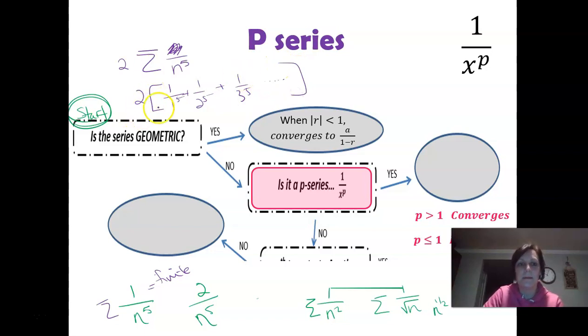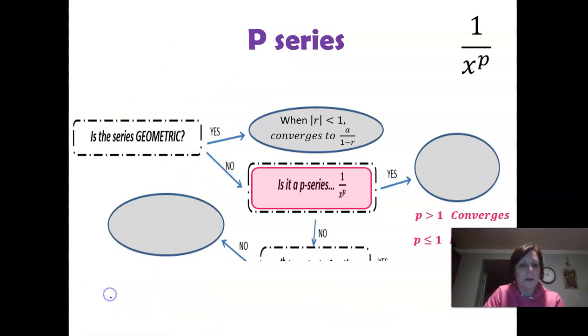Point being that if this is a finite number, then obviously when you multiply it by 2, it's still going to be a finite number. I am sure somewhere there are mathematicians that would say that's cheating, but I don't really care. Neither does the AP. It's not really a big deal.